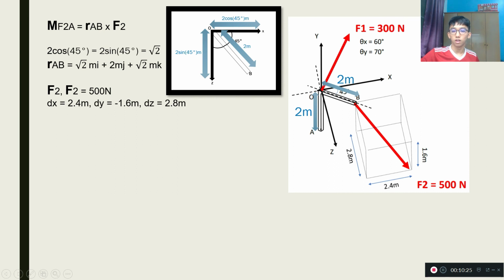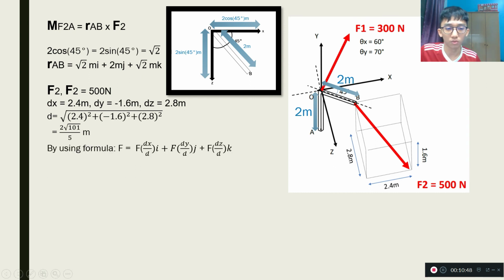We can see F2 moves towards the positive z-axis, so our dz is also positive. And then we have to use the Pythagorean theorem again to find our d, and our d is equal to 2 root 101 divided by 5 m.